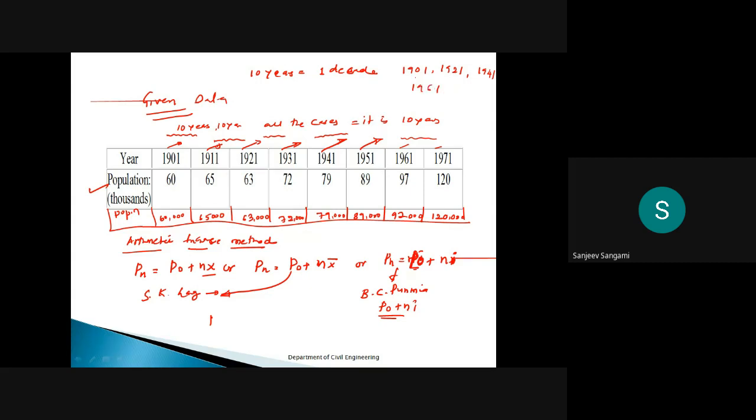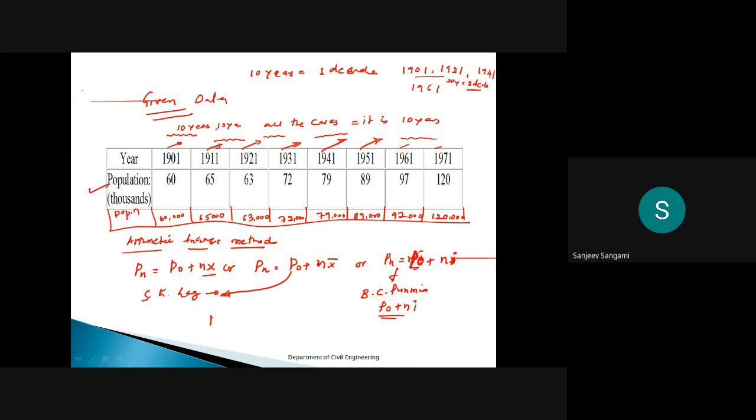See, what is happening is that 1901 to 1921 is how many years? 20 years. So that is a two decade difference. Then again you have to divide by how much it increases in 10 years. So you have to convert it and do it.